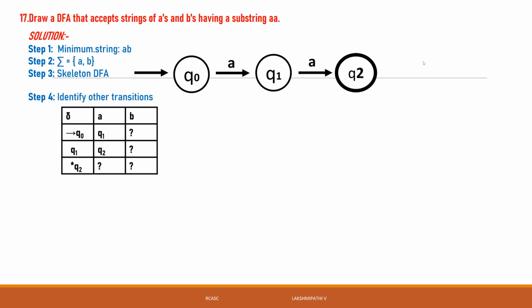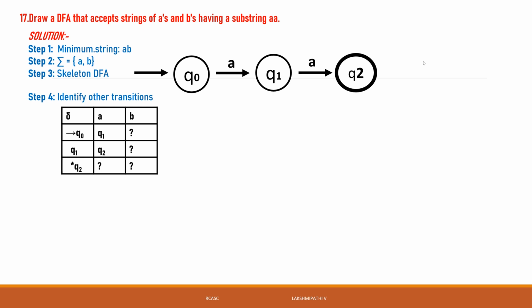Then tell me, what is the transition of Q0 on B, where will it go? Anyone? Students answer Q0. Why will it be Q0?